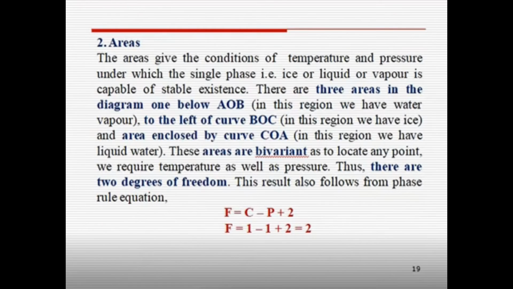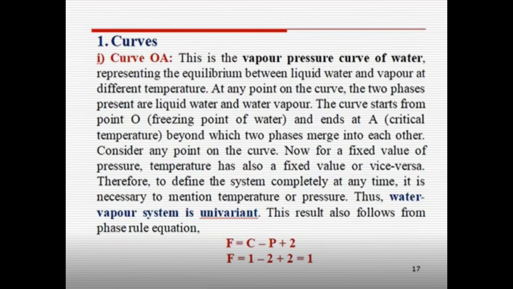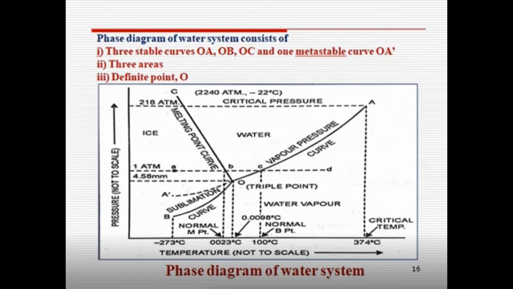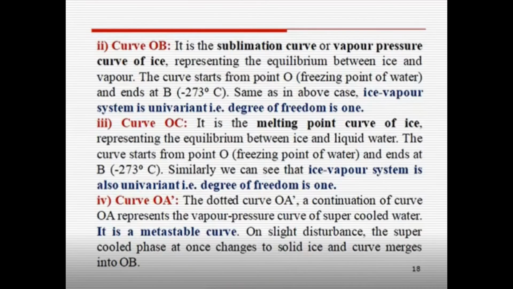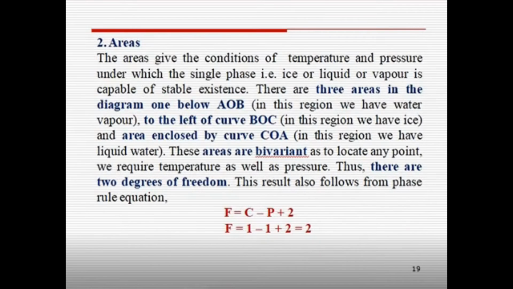Next, we will discuss all the areas. There are three areas in the diagram: one below curve AOB, one to the left of curve BOC, and one enclosed by AOC. Look, in all these areas, there is only one phase present.